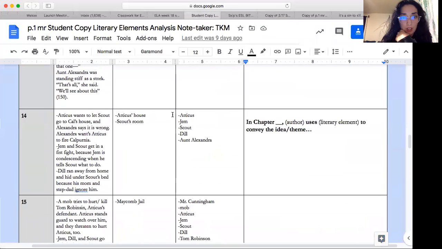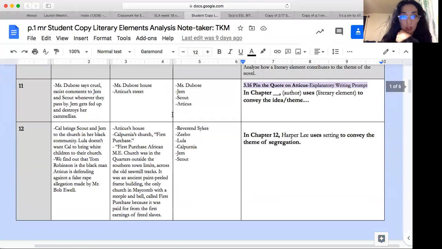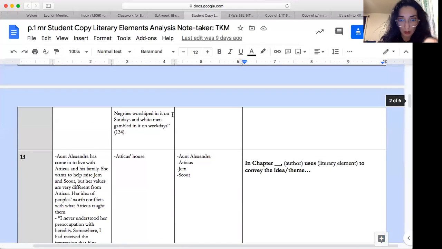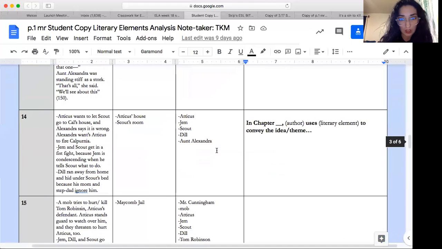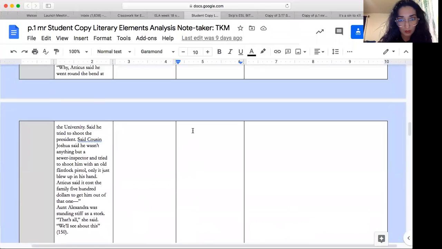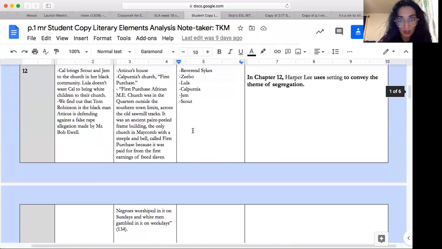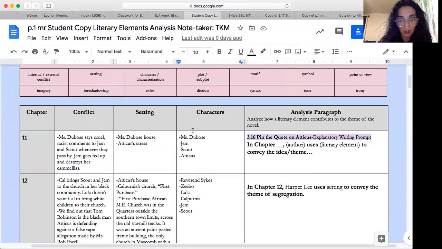Aunt Alexandra's nephew. Dill is their friend. See? So it's a good thing to remember. So that's why it's good to keep notes too, because then we can remember what people's names are.